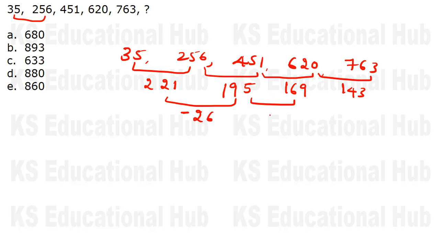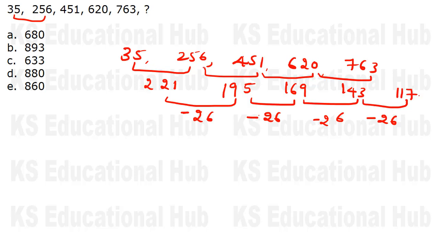The next one is 169 minus 143, which is again 26. So therefore, we have to subtract a further 26 from this. If you subtract 26 from 143, that is 117.